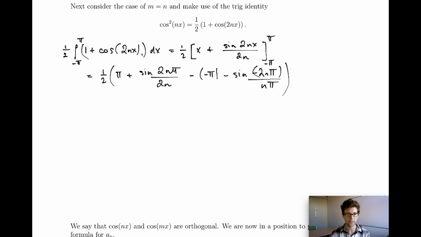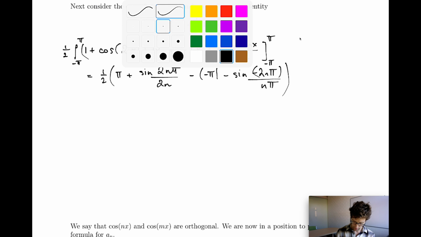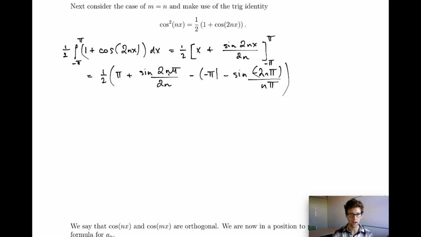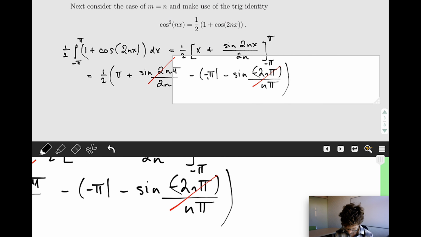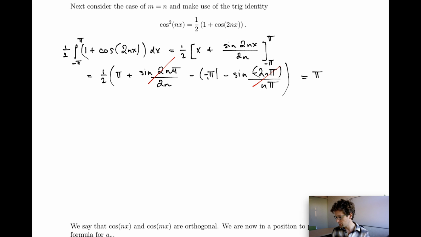So we've just put in x equal to pi and x equal to minus pi in here. So the two terms that involve sine of an integer times pi, again, those are going to be equal to 0, but I've got these two new terms here. I've got a half pi and I've got a half minus minus pi. So those will add together and they will give me pi.